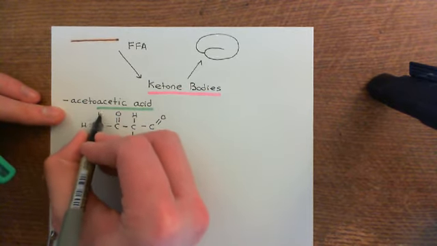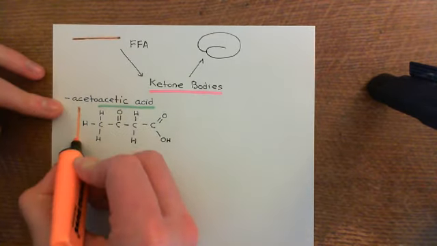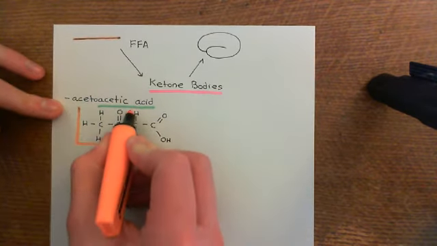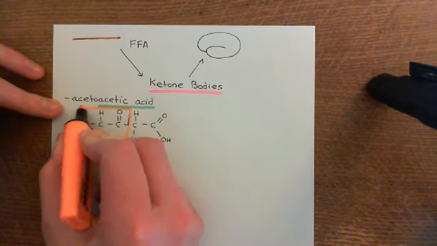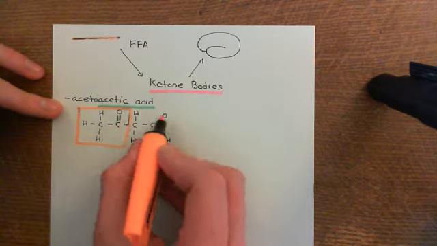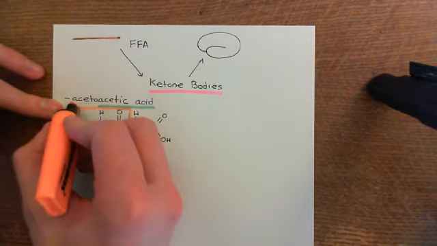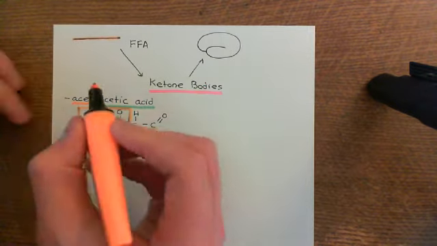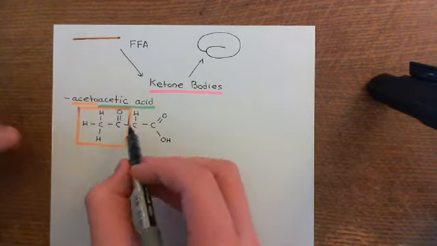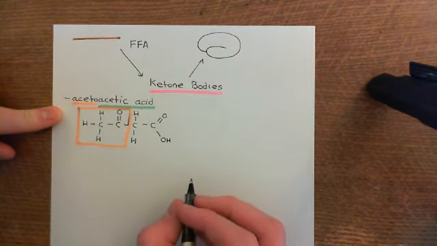This group attached onto the acetic acid here is an aceto group, and hopefully you can see how it's similar to an acetic acid molecule. In fact, if instead of this we had an alcohol group attached there, that would be an acetic acid molecule. So that's the aceto group, and it's attached to an acetic acid molecule, so it's called acetoacetic acid.